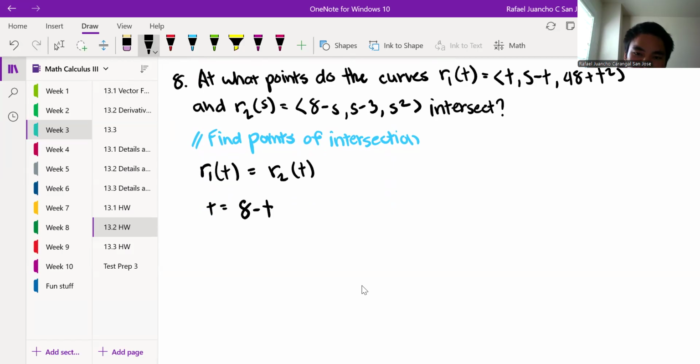Good Lord, I don't think that's possible. Well, okay, t plus t, so 2t equals 8. And so I get, okay, t is 4.